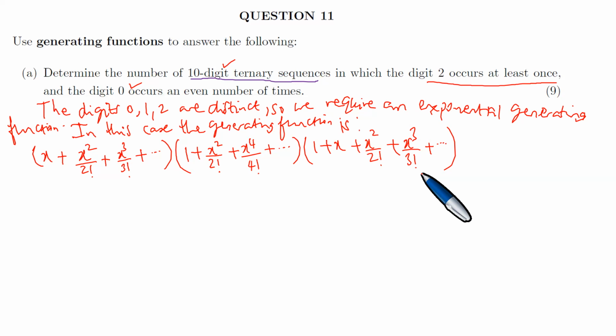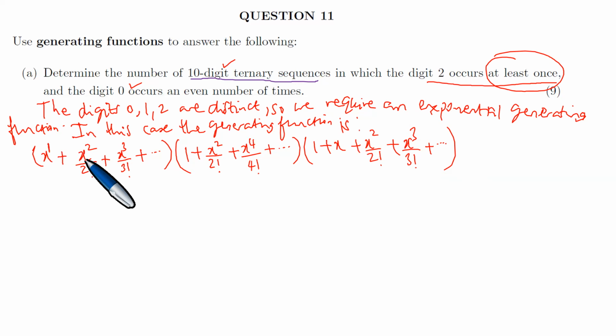If the digit 2 occurs at least once, it means that you start from 1. The power of the x is going to be 1, 2, 3, 4, 5, 6, 7, 8, etc., because it's at least once.